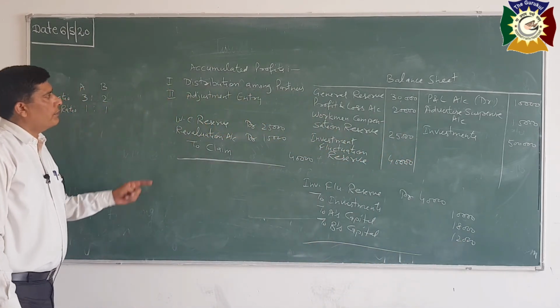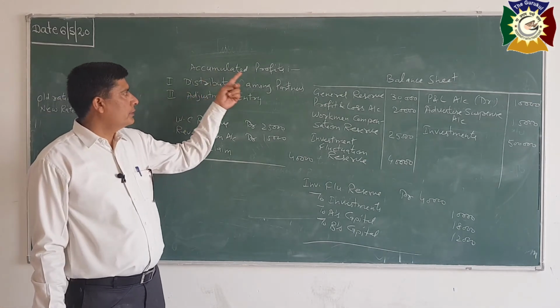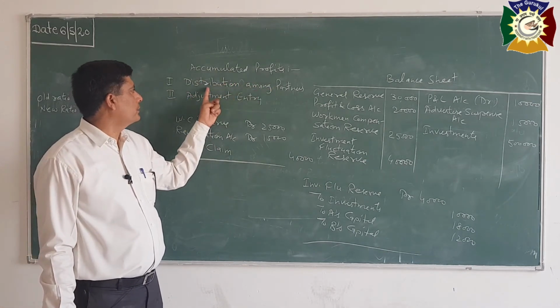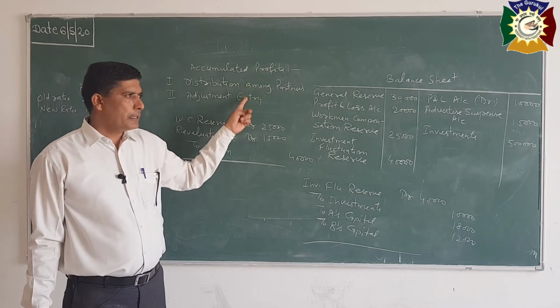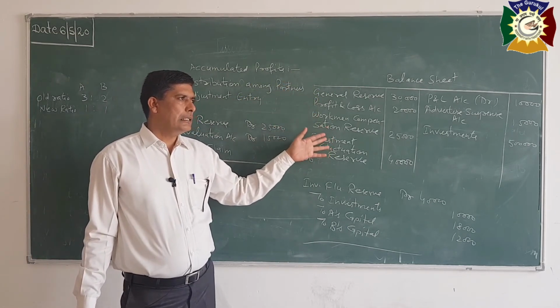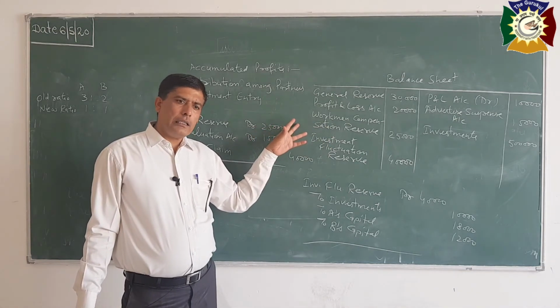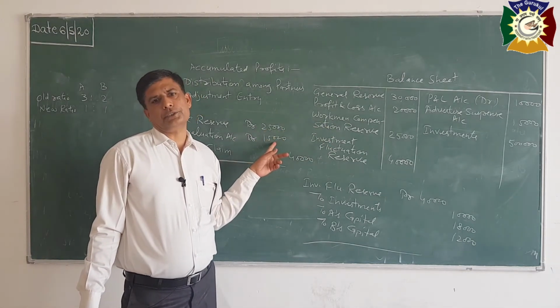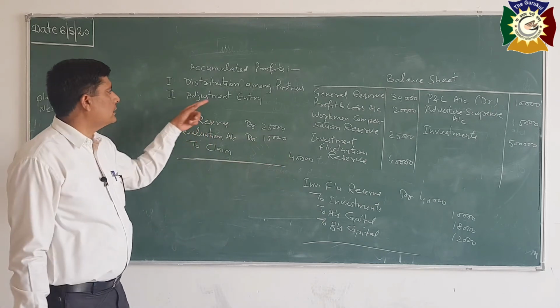So this is the first method of accounting treatment of accumulated profits. In this method, we will distribute all these undistributed profits or losses among the partners in their old profit sharing ratio. Now, second is adjustment entry.